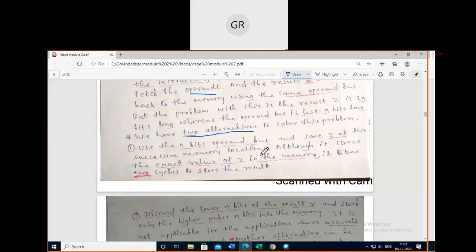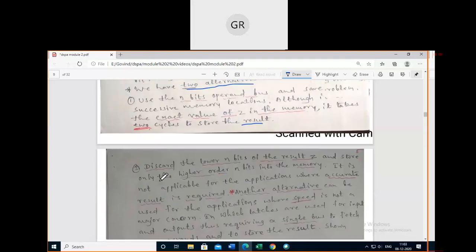Although it stores the exact value of z in the memory, it takes 2 cycles to store the result. Okay, first we can fetch the lower n bits, then we can fetch the higher n bits. But here 2 cycles are required to store the result.